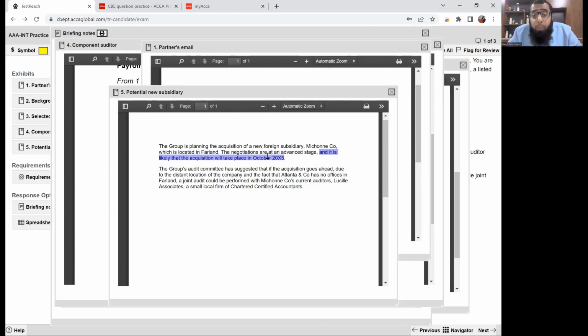Any significant acquisition or disposal of a subsidiary in the subsequent period is a non-adjusting event. But for non-adjusting events also, we give a disclosure. At least we need to give a disclosure for this non-adjusting event. The planned acquisition in October 2005 is a transaction after the year end, but it will be a subsequent event because obviously the financial statements will not be issued till that time.